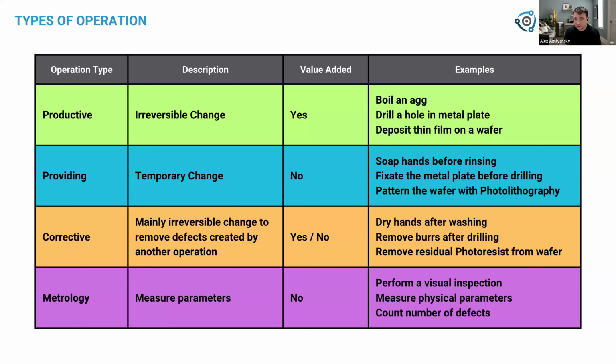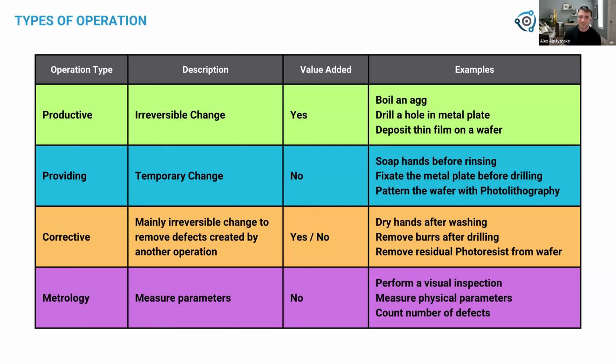But it is necessary so we do a precise job of drilling, right? So that would be an example of providing operations. Another example is soaping the hands and so on. Photolithography from microelectronics, and so on. There are probably millions of examples of that.